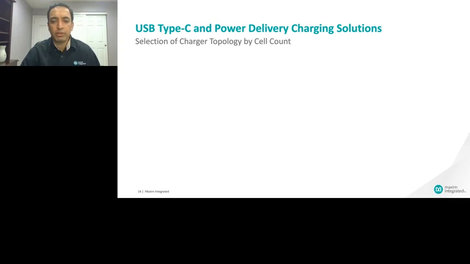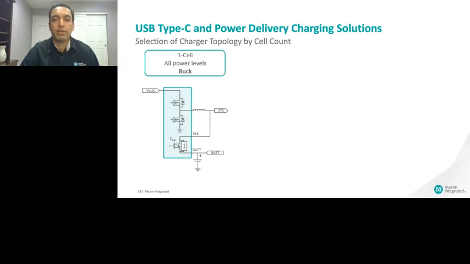There's another consideration to look at: what is the topology of your system? If you look at the cell count, if you have just a single cell battery, in most cases you're going to be fine with a simple buck converter, a buck charger. The reason for that is a typical lithium-ion battery is always going to have a voltage which is less than 5 volts.